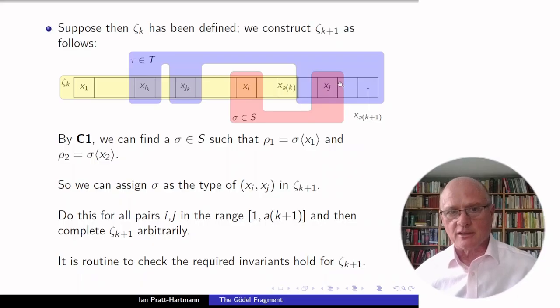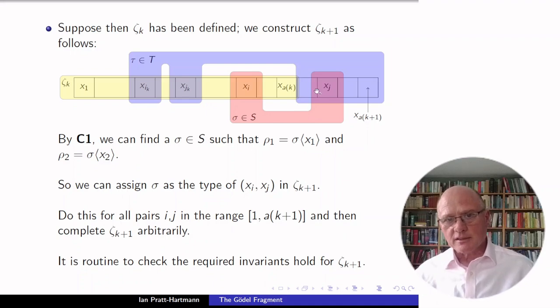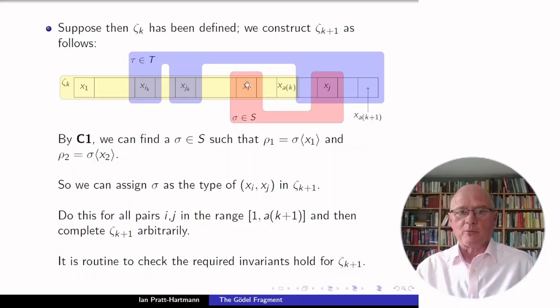Furthermore, it's a condition on certificates that we can find a 2-type in S that's consistent with, let's say, rho 1 and rho 2, these 1-types, and we'll assign this 2-type accordingly. So we assign any 2-type that hasn't been assigned yet in that way.